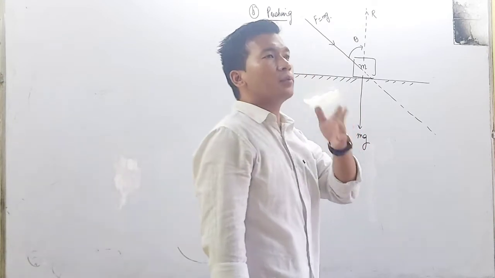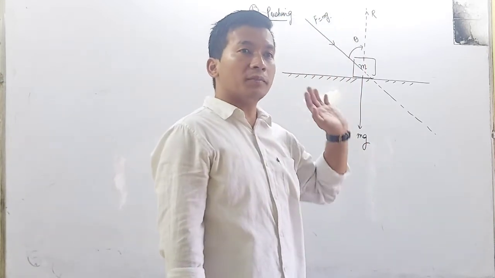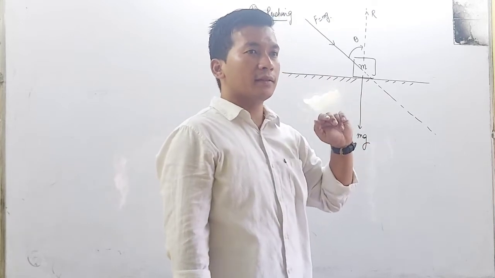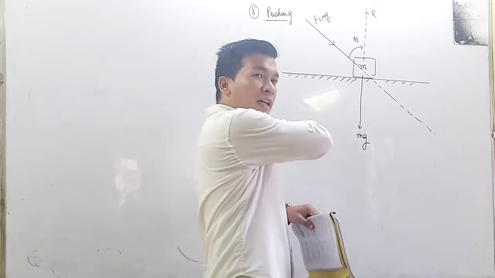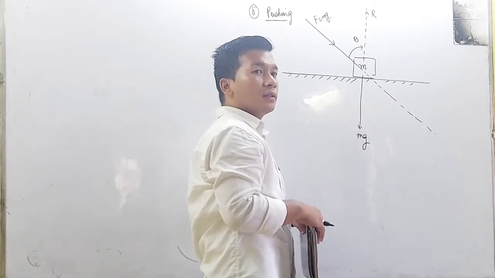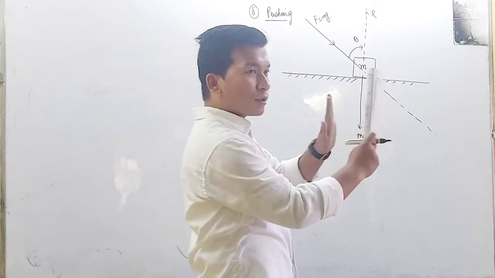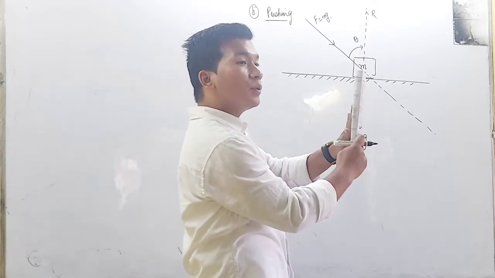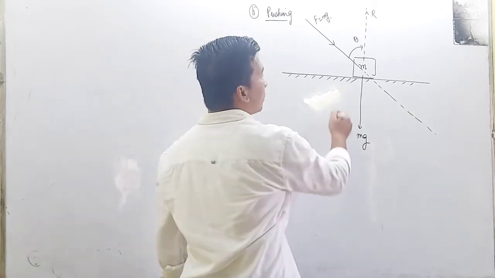Then tell me what will be the direction of your frictional force: to the left or to the right? If you push, it will have a tendency to move to the right, so your frictional force will be opposite to it.